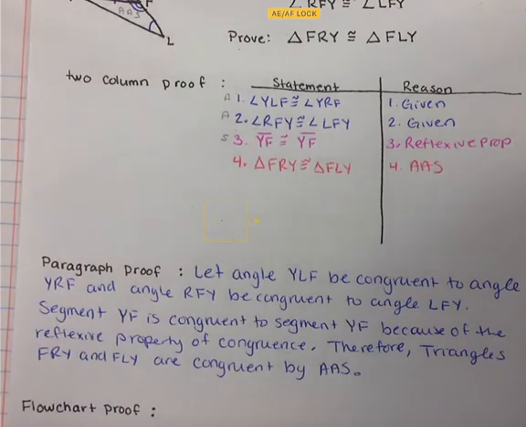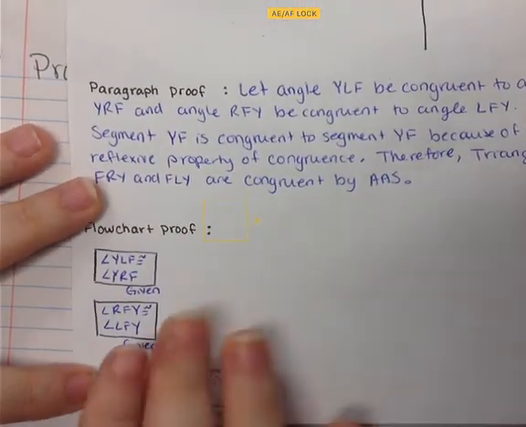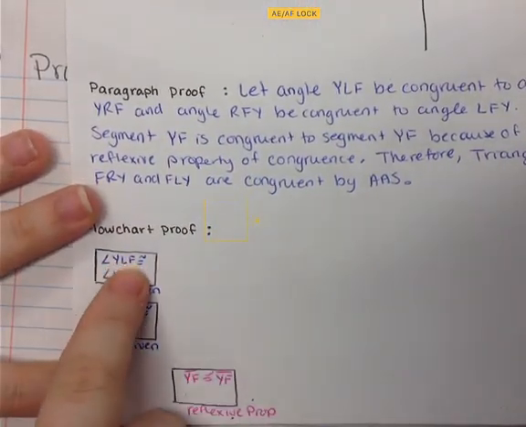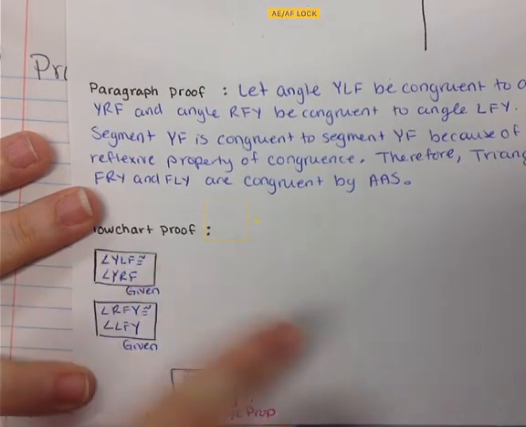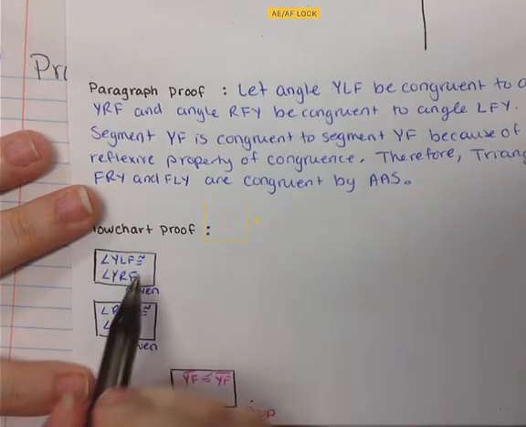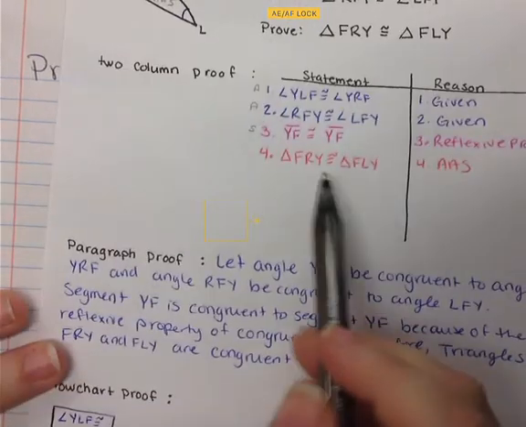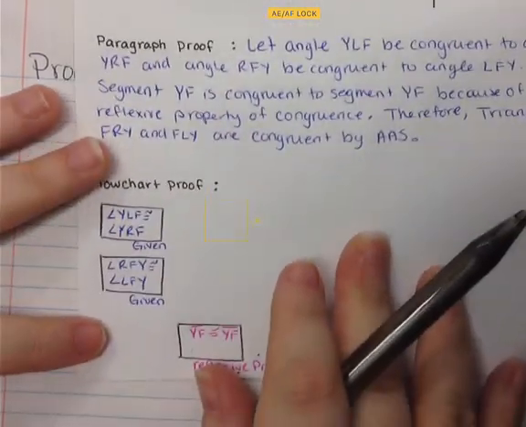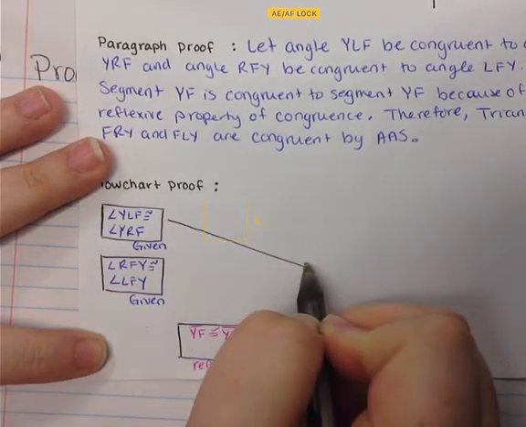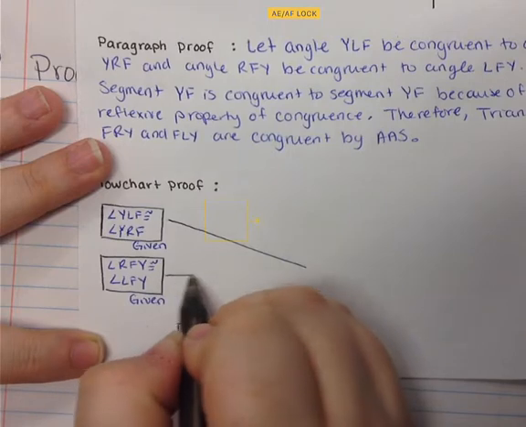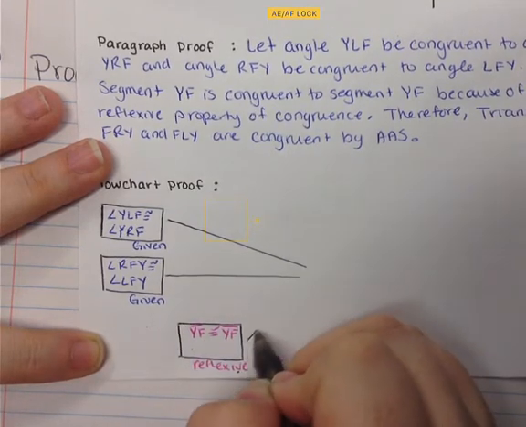So how do we draw that? I know finally that this was an angle, this is an angle, and this was a side. All three of these we needed to prove the triangles congruent. So all three of these lead to the fact that the triangles are congruent. So how I do this is I draw arrows from each of these boxes to lead to a final statement.